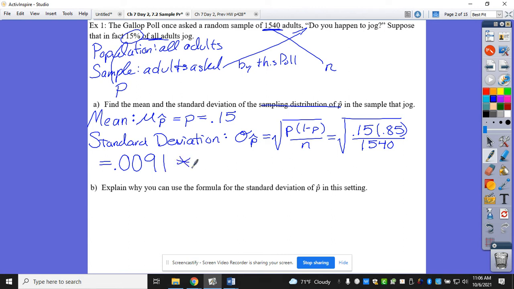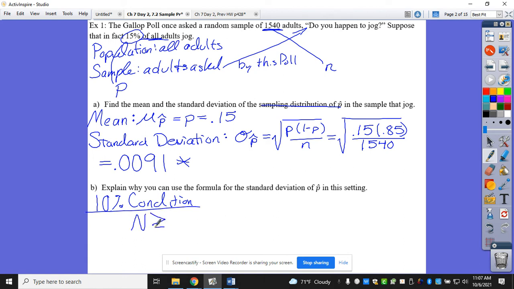But only if the 10% condition holds. This problem, since it's the first one we're doing, specifically asks how we knew we could use that. Usually it's not going to, and you're going to have to write it there. I'm going to answer this question and then go back and write it up there. So what do I need to know to be able to use the standard deviation equation? The 10% condition, which is capital N is what?